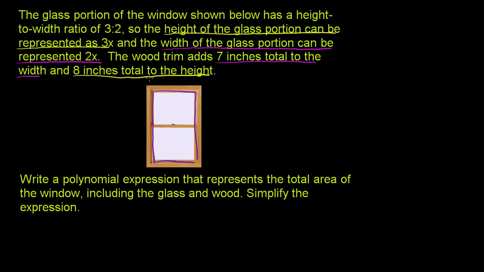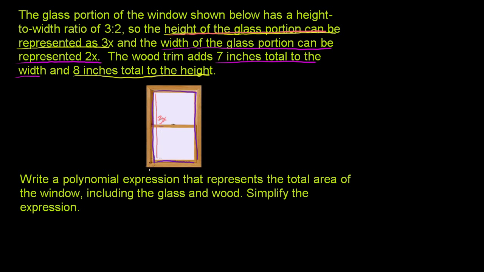So the height of the glass portion can be represented as 3x. So this height right here of just the glass portion is 3x. Let me do it in a better color. This distance right here is the height of the glass portion. And then they tell us that the wood trim adds 8 inches to the total height.